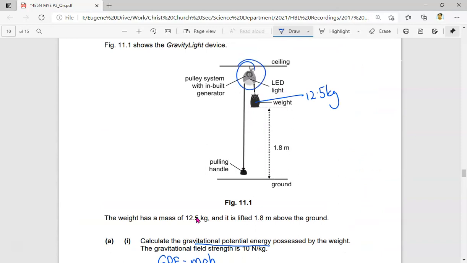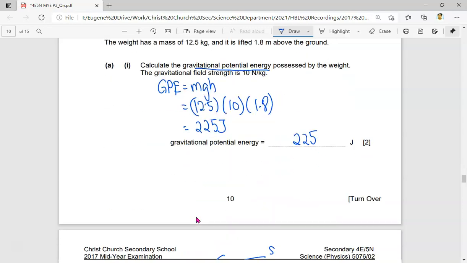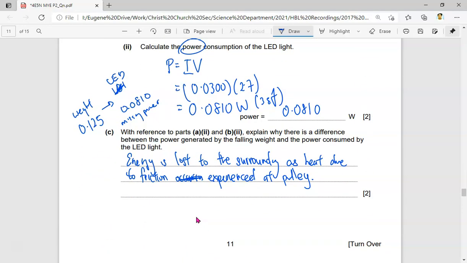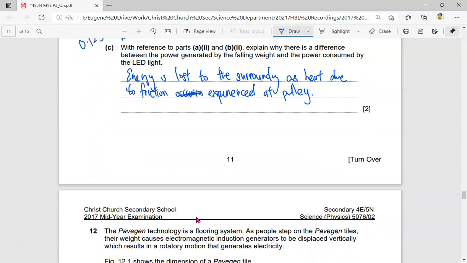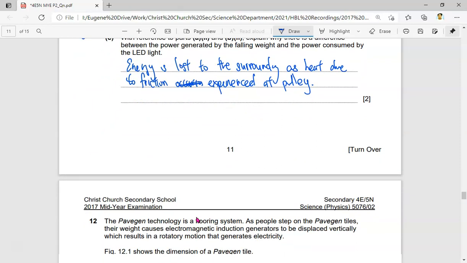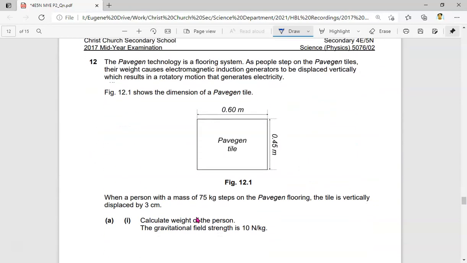So you realize that the rope will experience some sort of friction. And whenever you have friction, you actually have heat generated. So the friction experienced by the pulley will cause energy to be lost to the surrounding as heat. So this is actually 10 marks, and you realize it's not too difficult to get marks once you understand the context. Next question, question 12.